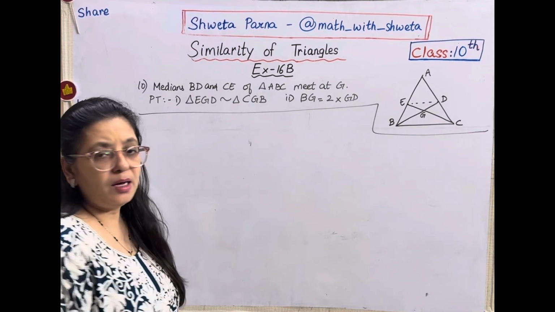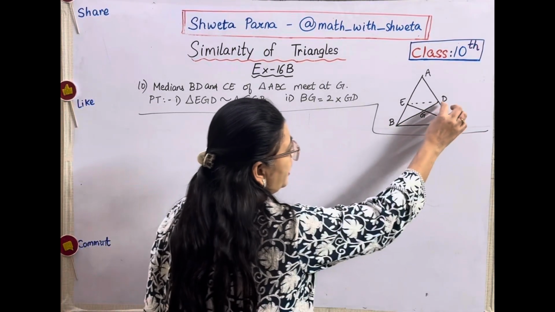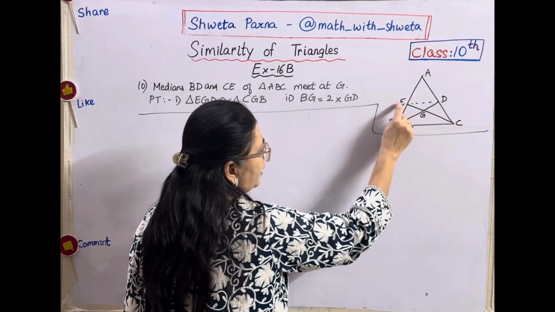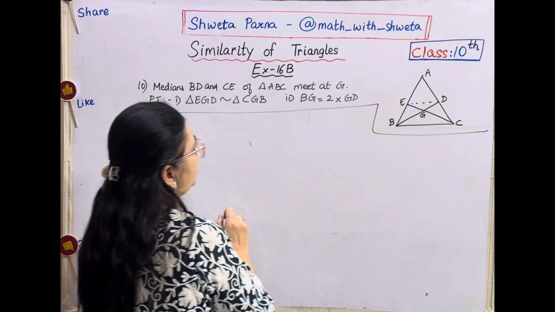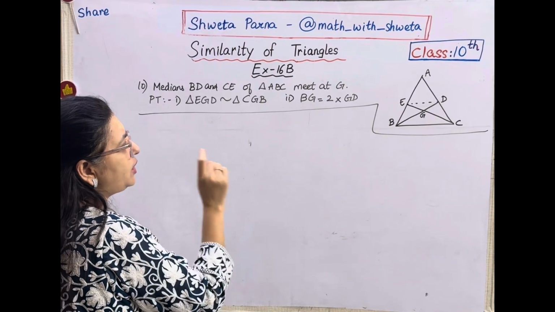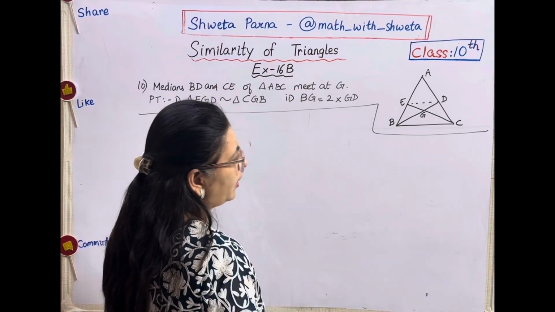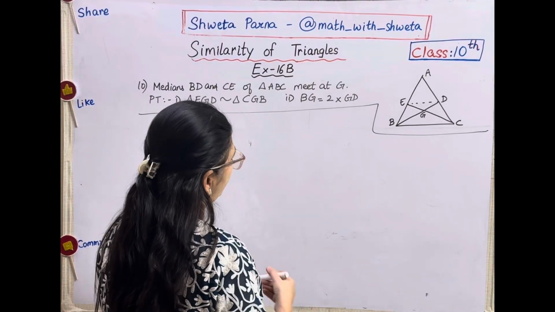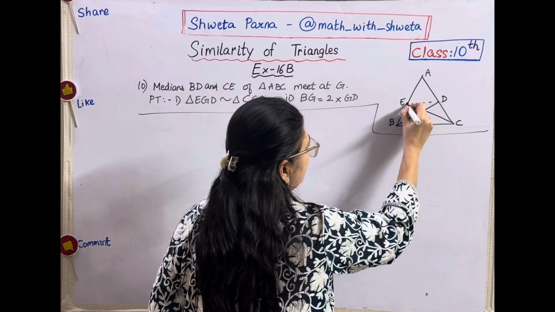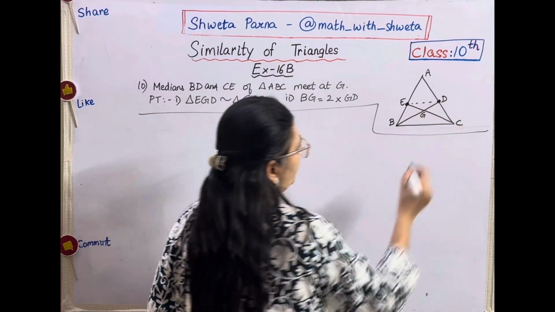Medians BD and CE. Median means D would be the midpoint for AC, and E would be the midpoint for AB. They meet at G. You have to prove that EGD is similar to triangle CGB. Let's do that. First, this is the midpoint, this is the midpoint.